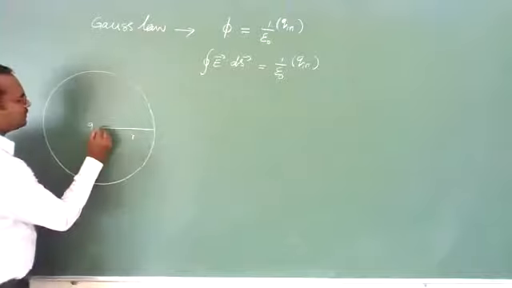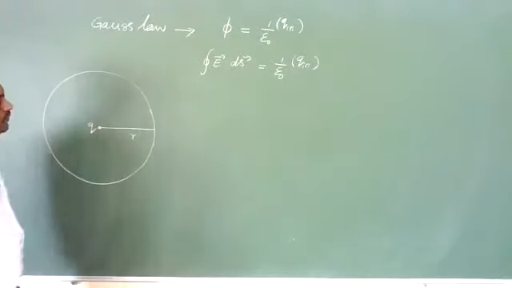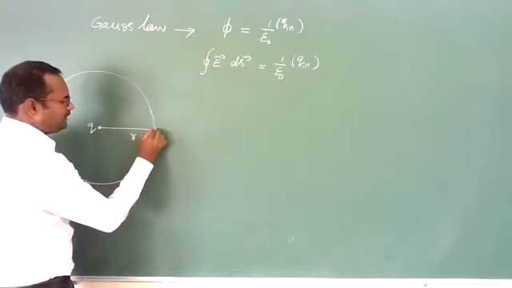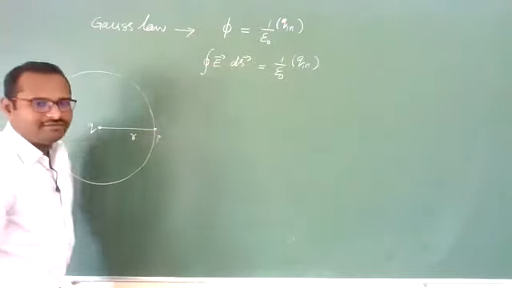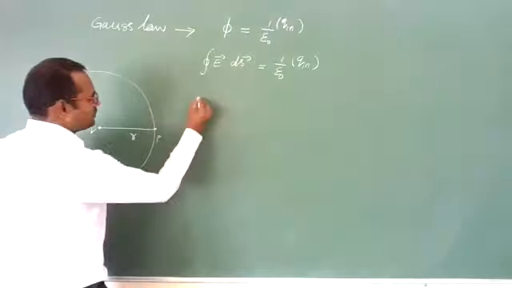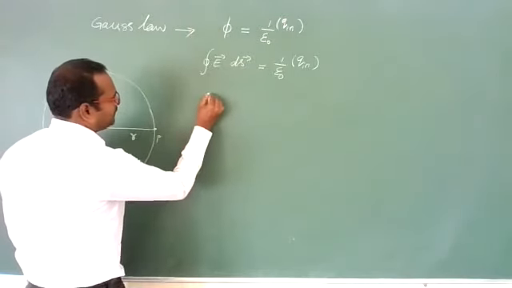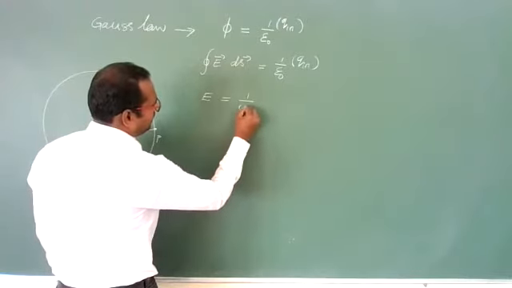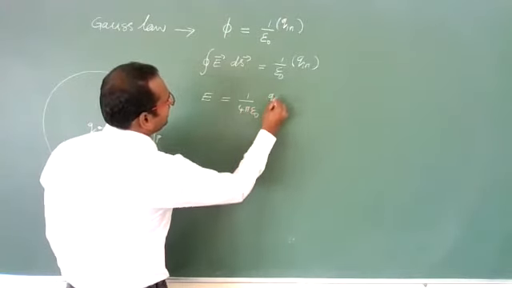Now, due to this charge Q at a distance of r at this point P, what will be the electric field, Nana? Yes, as you know, electric field at point P is equal to 1 by 4 pi epsilon naught Q by r square.